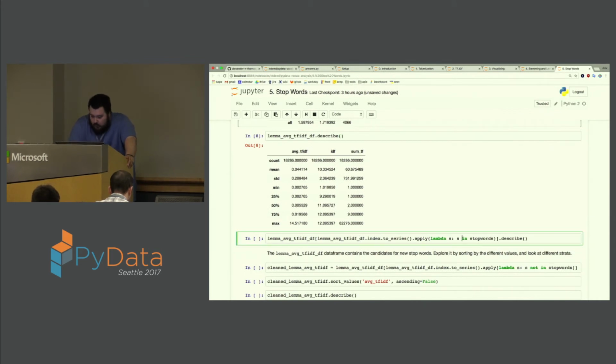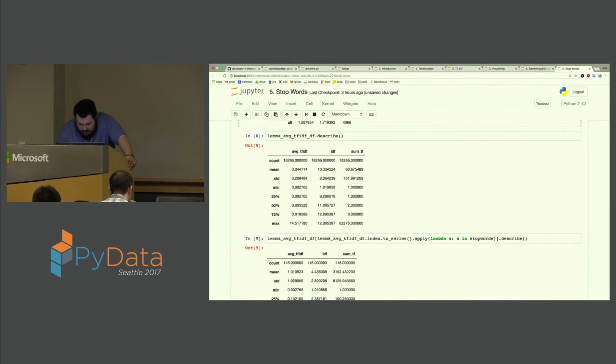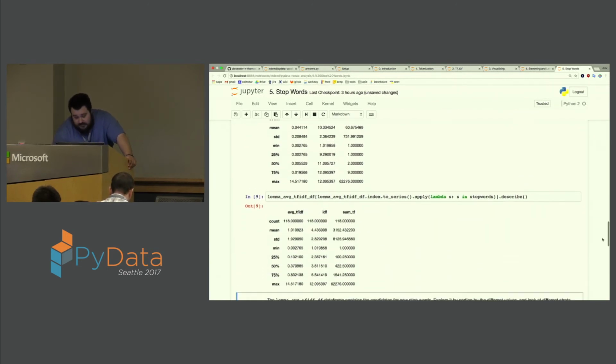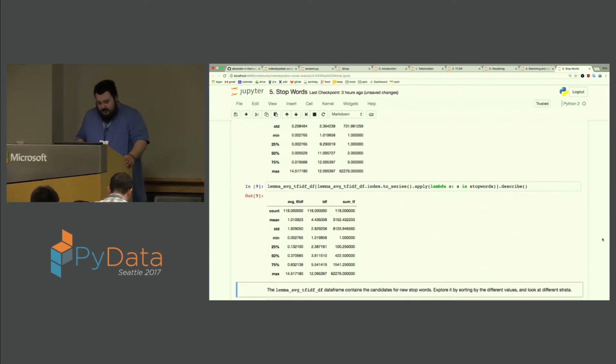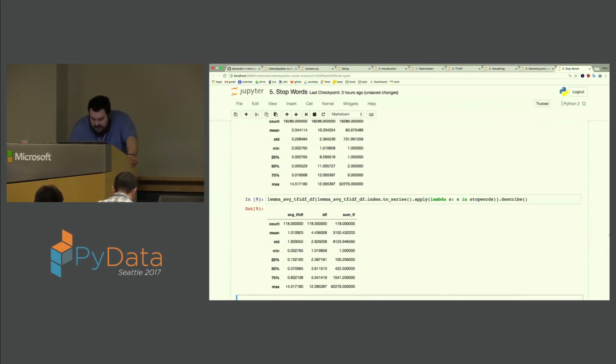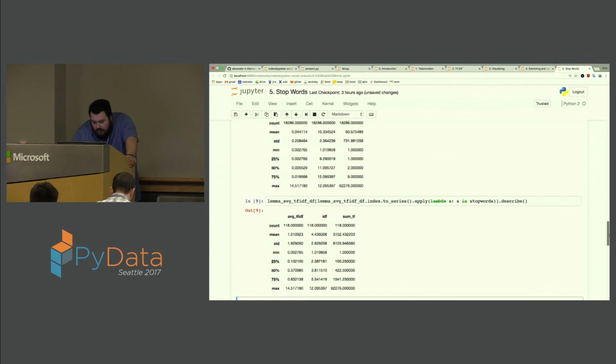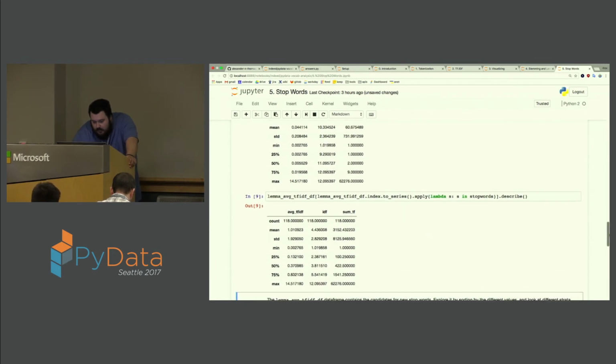Okay, so let's look at the words that are not stop words. Let's look at what the distribution is. Okay, so we see, oh no, this is for the ones that are stop words, yes. So we see the average is way higher. It's like 80 times higher than the 75th percentile, sorry.